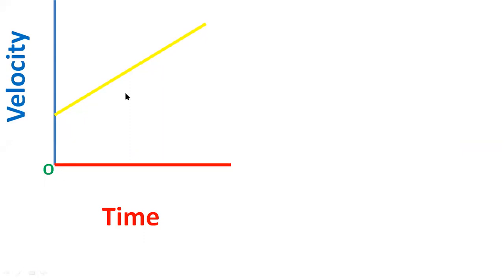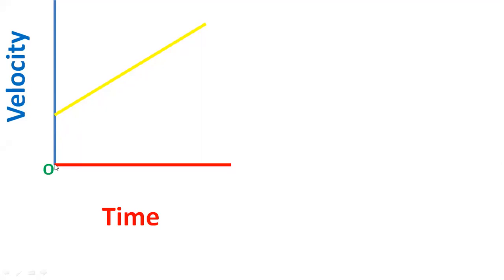Now focus on this. The graph which we are going to use to derive these three equations of motion is going to remain same. So same graph has to be used for all the three equations of motion, and that graph name is velocity time graph. Okay, so what kind of graph we are using? Velocity time graph. And you have to remember that you do not start from the origin. You do not start from the origin. You have to start from the top.